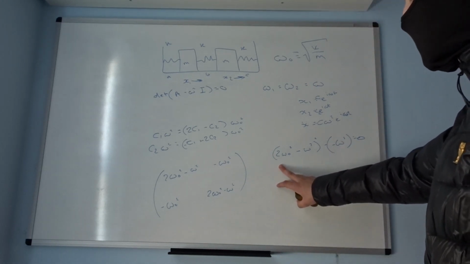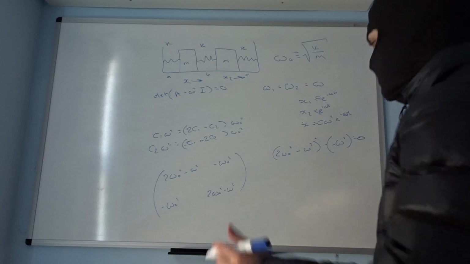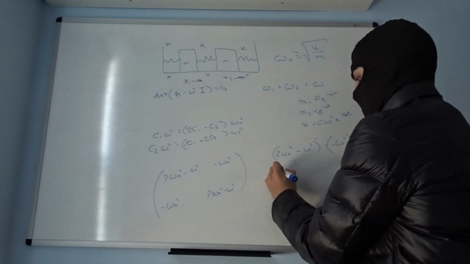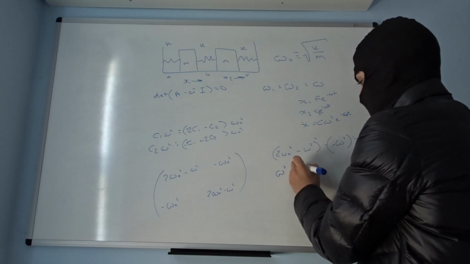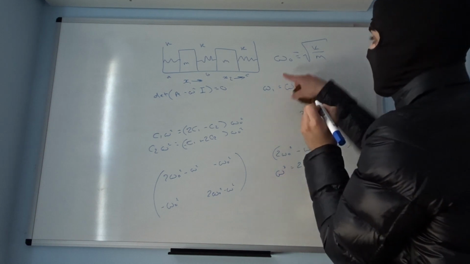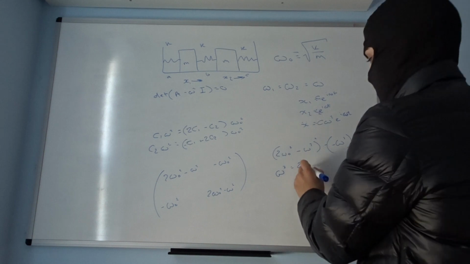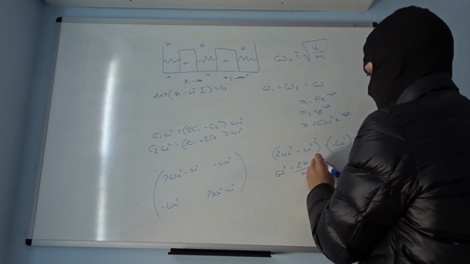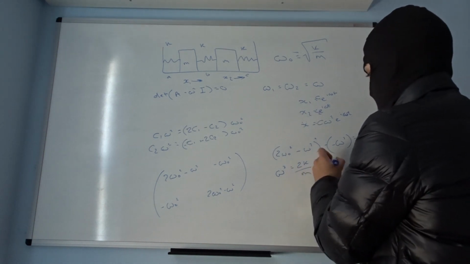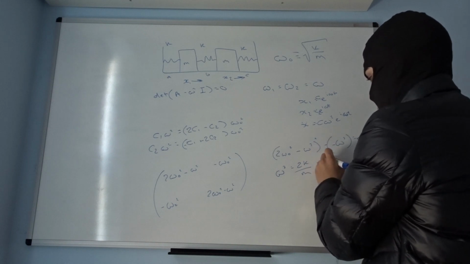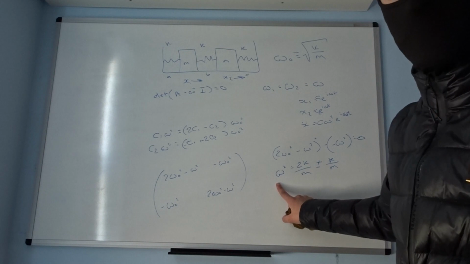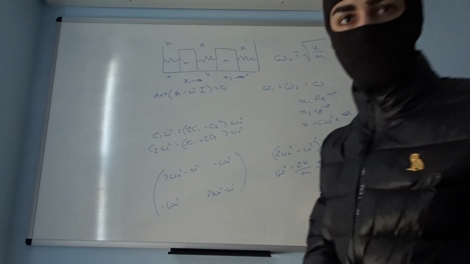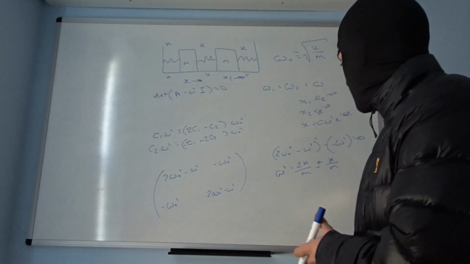So if we just solve this, simple. We're just going to get omega squared equals 2k over m, I'm just putting this back in, plus or minus k over m. So we get two solutions because it's either in phase or out of phase when you're moving with the same frequency.